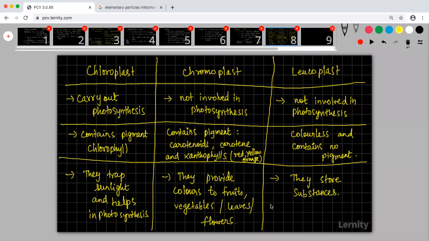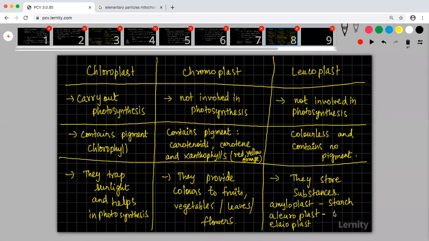Okay. Example, there is something called amyloplast. There is something called aleuroplast. And then you have elaioplast. The amyloplast will store starch.